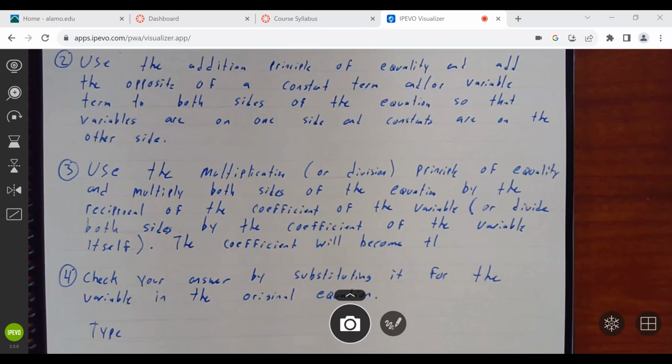Number 4, take your answer, same thing as before. Check your answer by substituting it for the variable in the original equation.